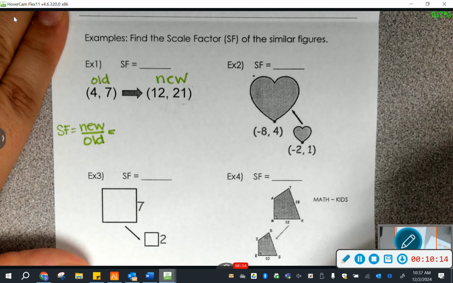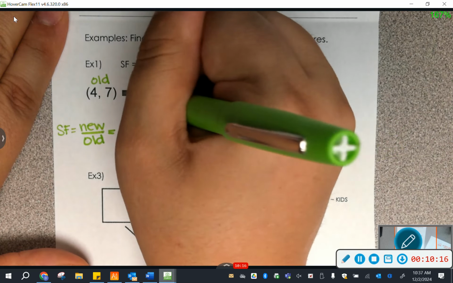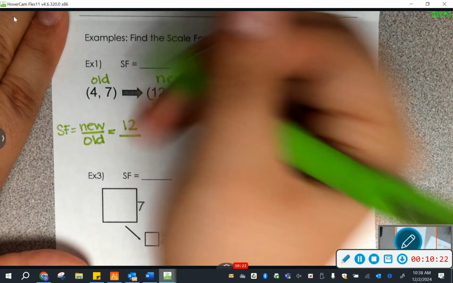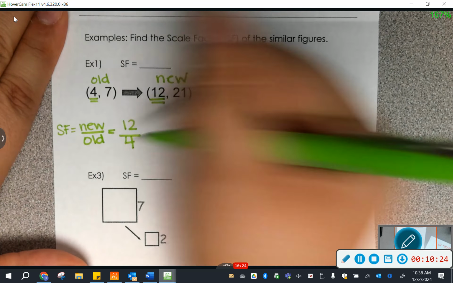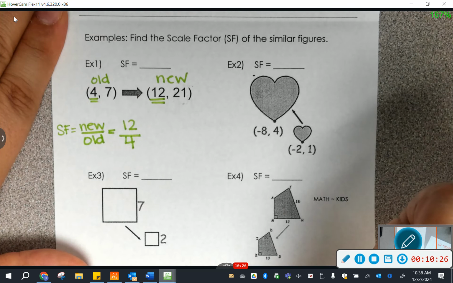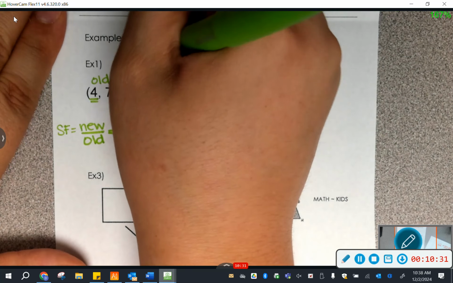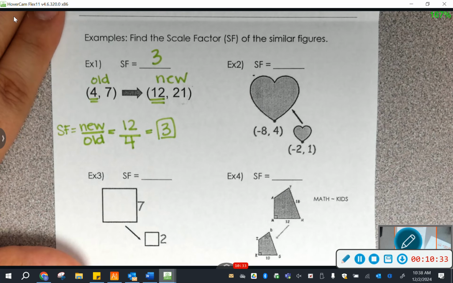What's my new? No, new. So I'm just going to do 12 first. Over, what's my old? 4. What is 12 over 4? 3. That is your scale factor. That is all you have to do.